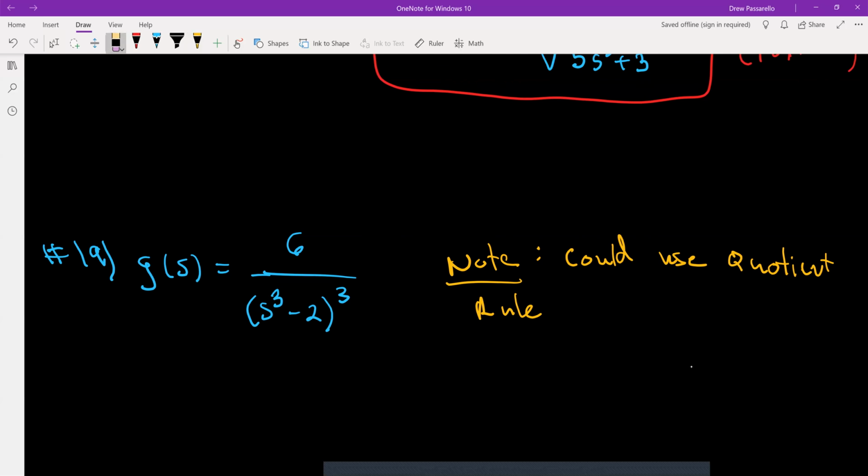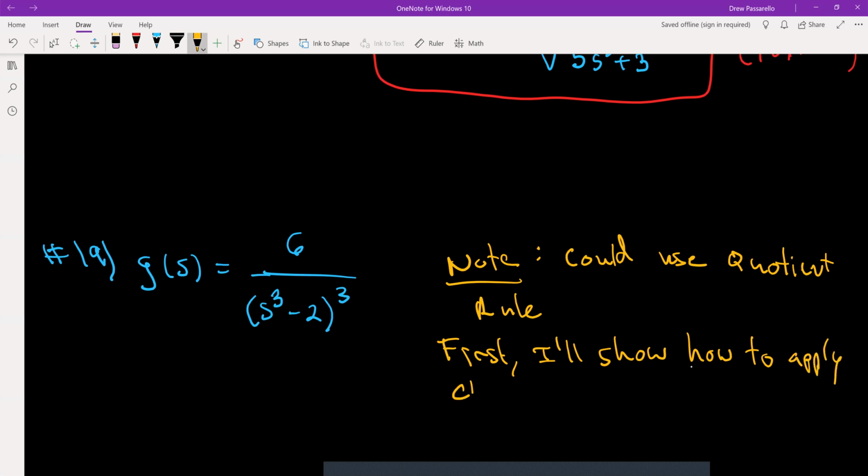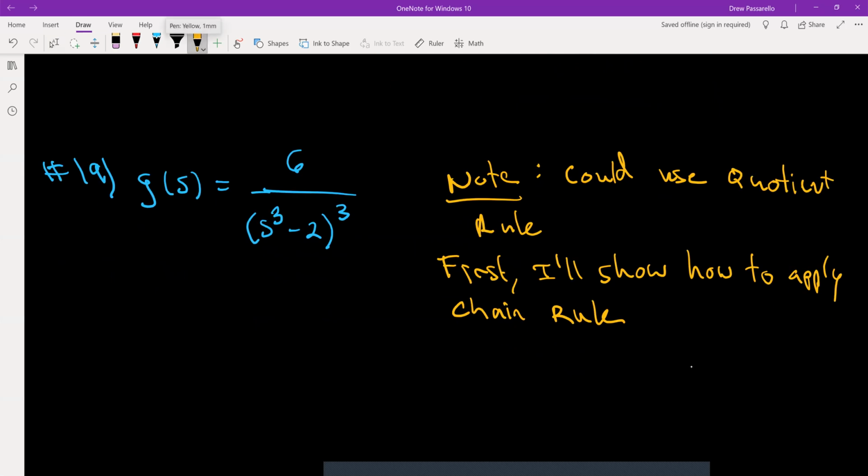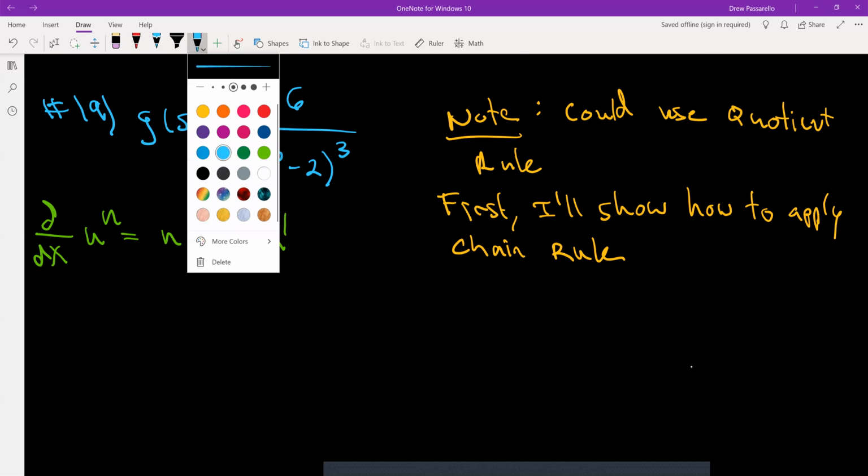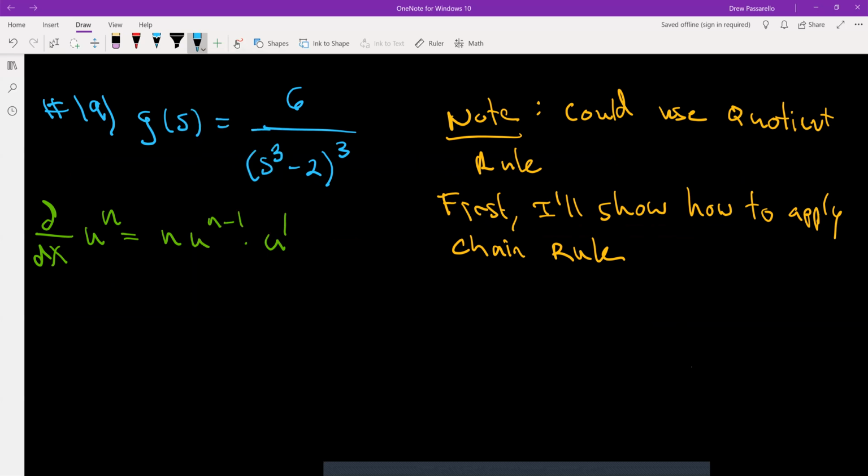So first I'll use the chain rule. Because of the s cubed minus 2 to the third power in the denominator, if I'm going to apply the general power rule, which is really the chain rule, I need to rewrite this so that the s cubed minus 2 is in the numerator, but it changes the exponent to -3.